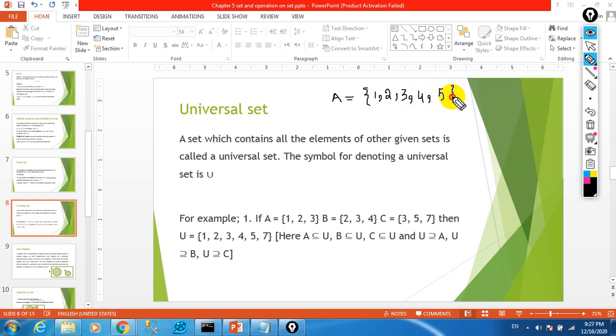So now I'm writing another set, and this set has elements B is equal to, for example, 1, 4, 5. So now this set is a subset of this one.